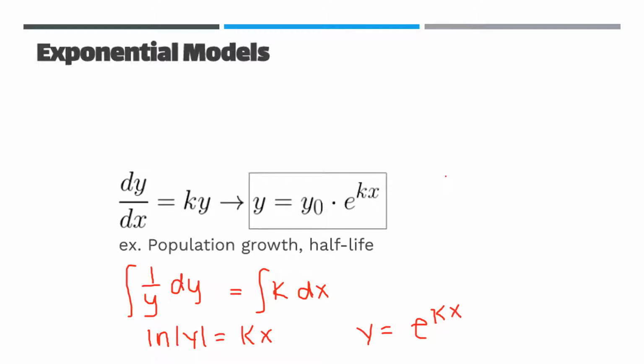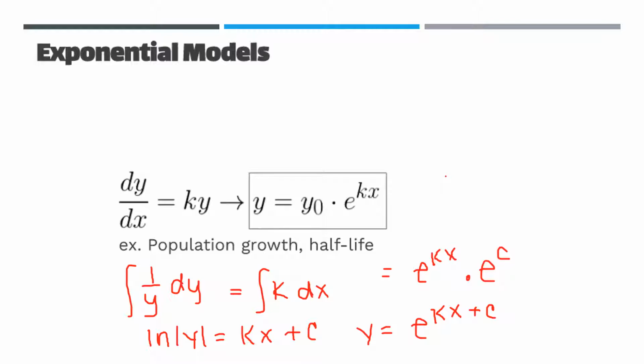Now, anytime we take an integral without a bound, we have our plus c. And over here, when you take your e to both sides, your plus c goes up into your exponent. But the rules of exponentials say that's really like e to the kx times e to the c because we add them.